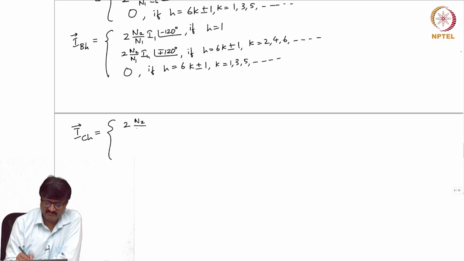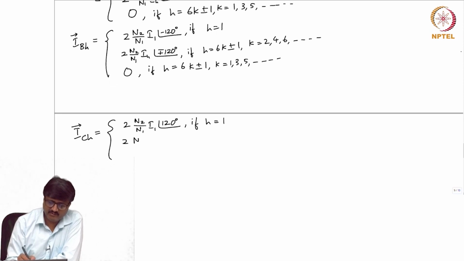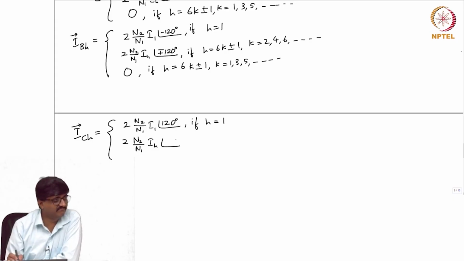Thus, this is 2 times N2 by N1 I1 at an angle plus 120 degrees if H is equal to 1, and 2 times N2 by N1 IH at an angle of what? Any guess? Plus minus 120.